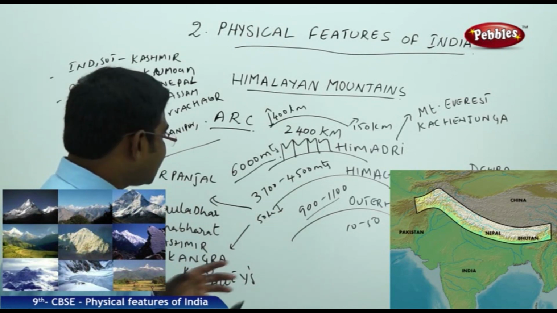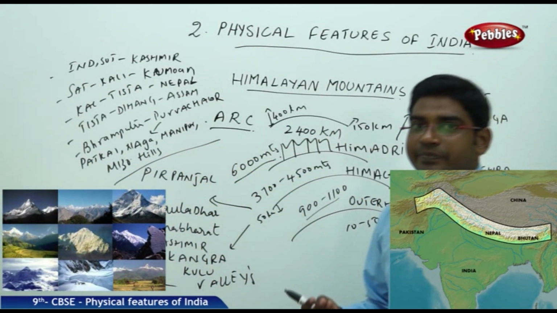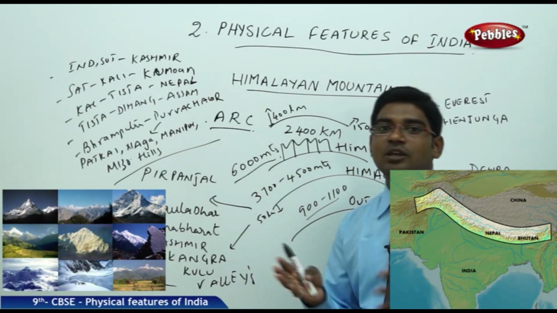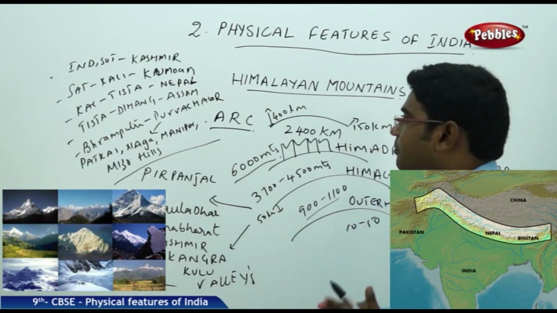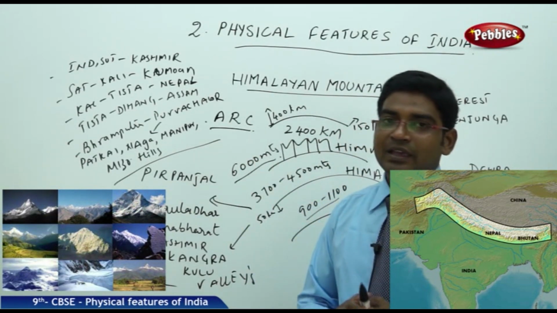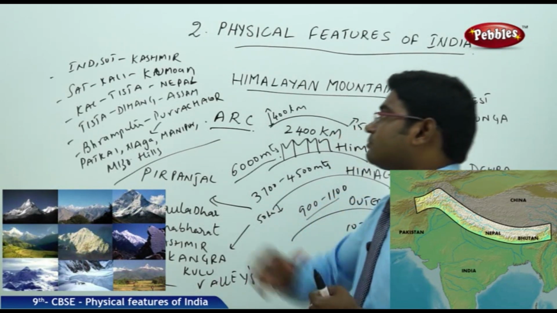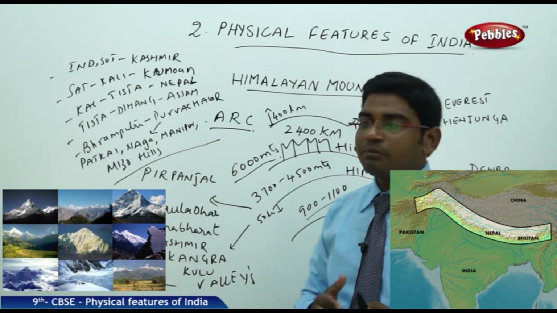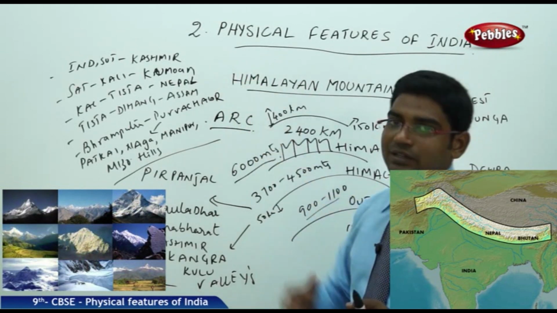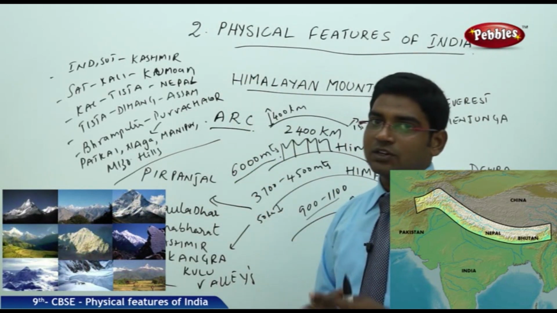Now, in order to understand this much better, the Himalayas are also named according to the rivers which pass through them. We have many rivers passing from Indus to Brahmaputra. Let us see what they are called regionally or locally. The region between Indus and Satluj is known as the Kashmir Himalaya region.